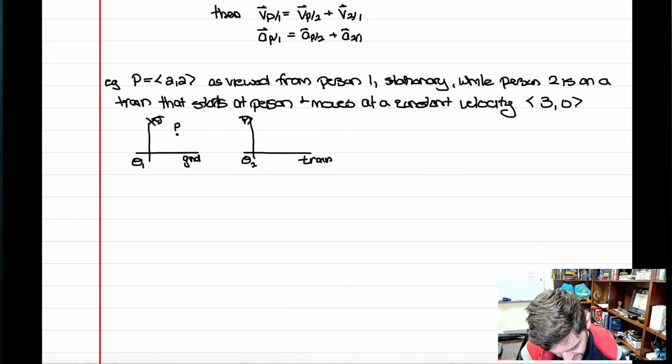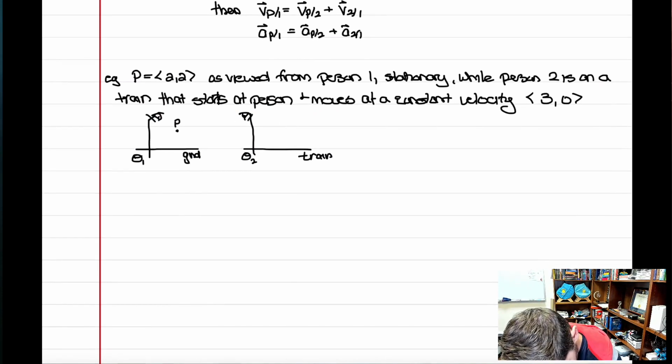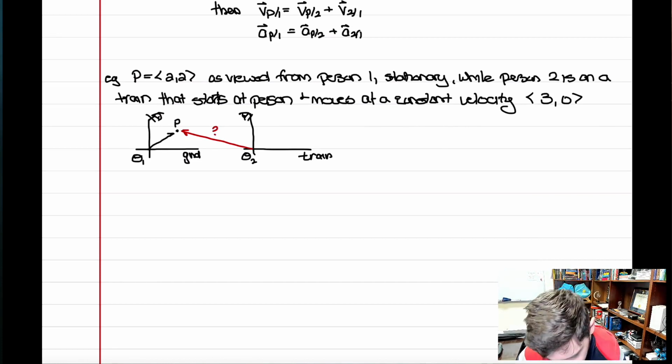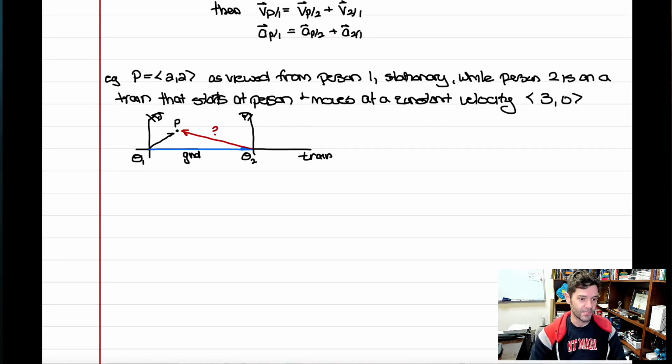And then the question is, this position is how the ground person observes this point. And we want to say something about what this vector is as a function of time. Now we can do this, again, if we have this connecting relative vector for the positions between the two reference frames.